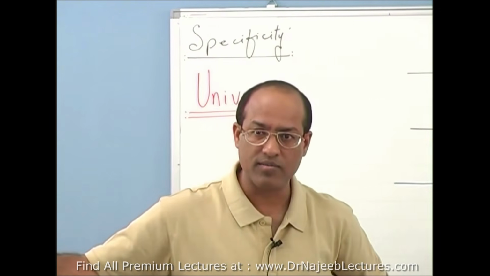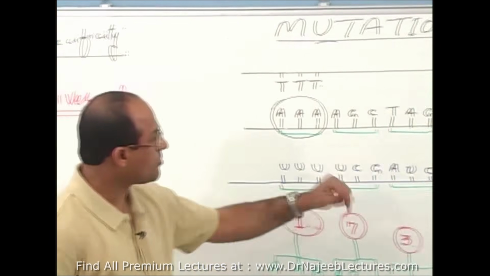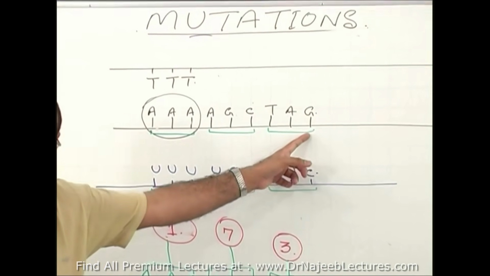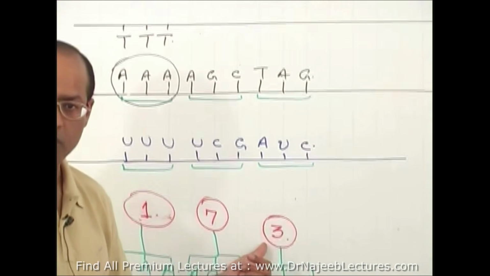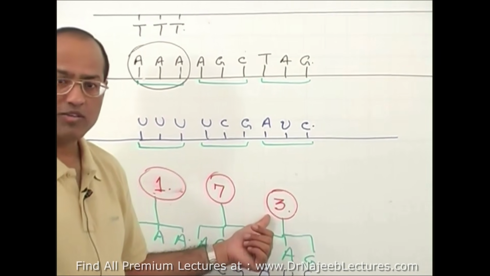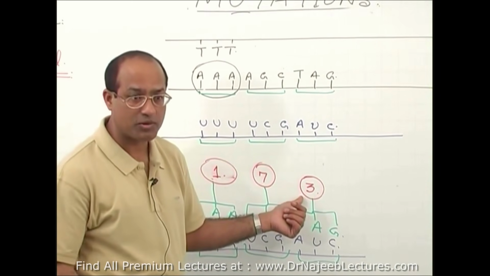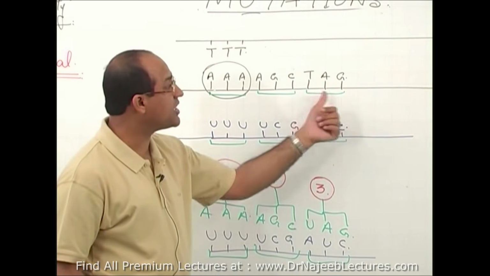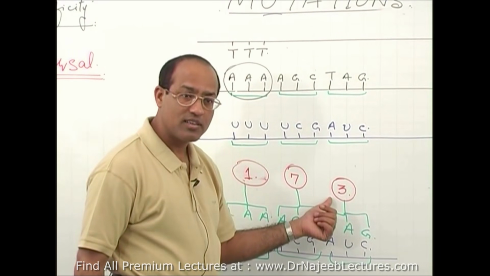Let me tell you one thing. Let's suppose that if TAG in human DNA eventually results in amino acid number 3, you will be surprised to know that even in monkeys, even though monkeys are very different from you, at least to some extent, in monkey DNA, if TAG appears there, it again means 3.